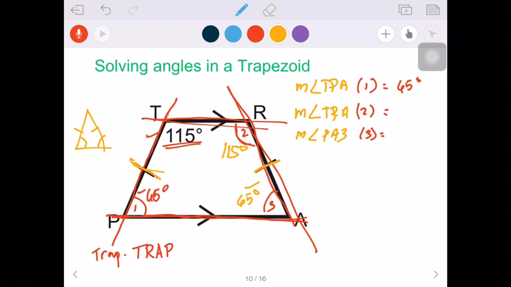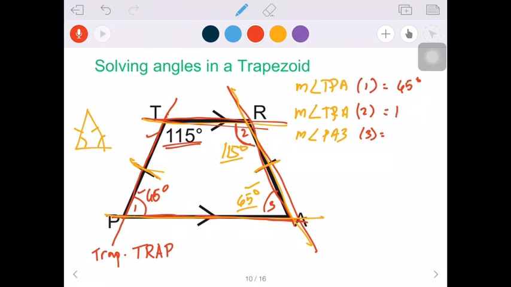But this is only in the case of isosceles trapezoids. Now, to prove if our answers are correct, we know that this is the transversal if these two lines here are parallel. So 115 and 65 actually also form what we call same side interior angles. And if you add that up, that would also be equal to 180 degrees.